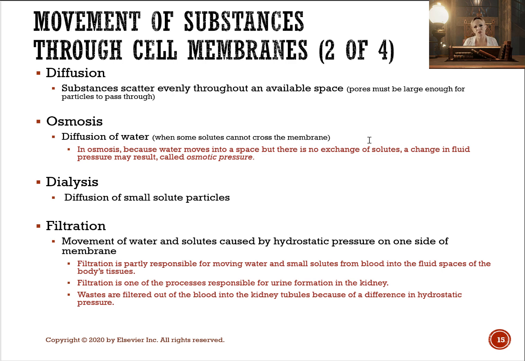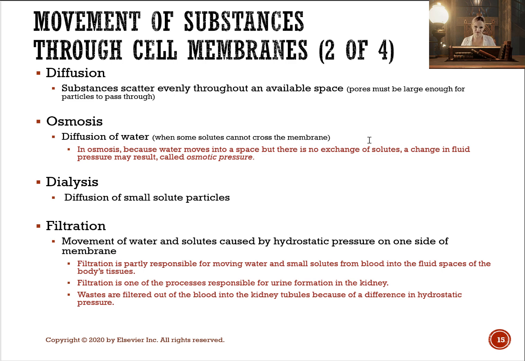Osmosis is the diffusion of water when some solutes cannot cross the membrane. So in osmosis, because water moves into a space, but there is no exchange of solutes, a change in fluid pressure may result, called osmotic pressure. Very important concept. Then we have our dialysis, and this is the diffusion of small solute particles.